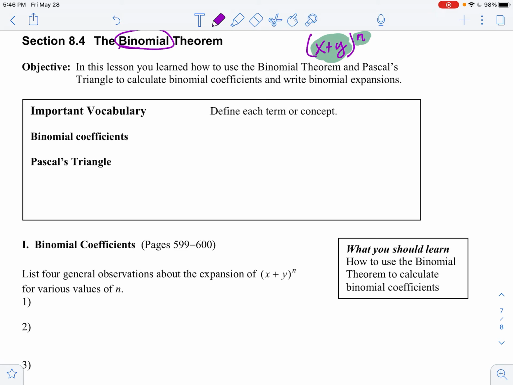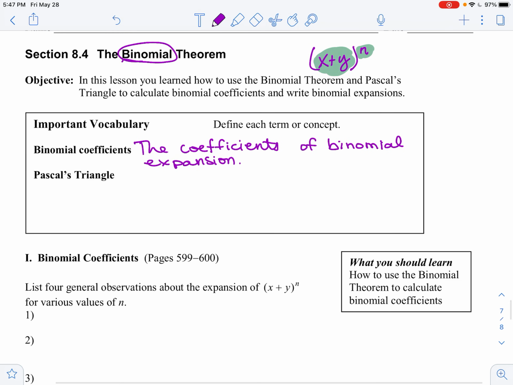So here's what a binomial coefficient is. It's the coefficients of binomial expansion. Okay, and just remember that if something's being expanded, like for example, if you have x plus y squared, that's like saying x plus y times x plus y, right?